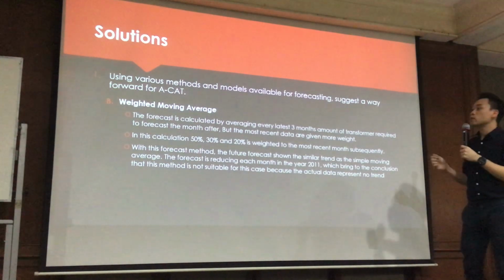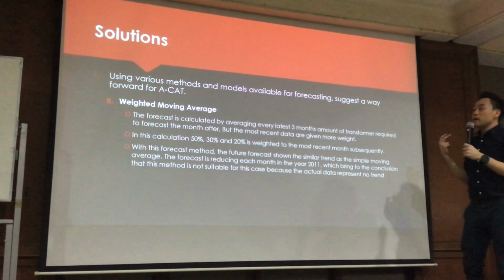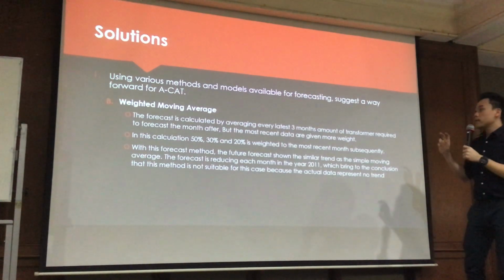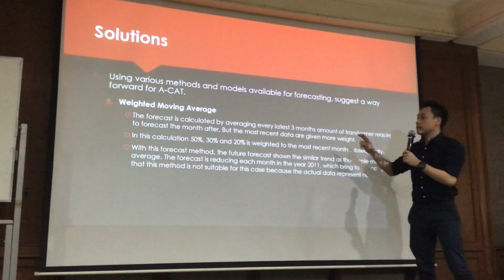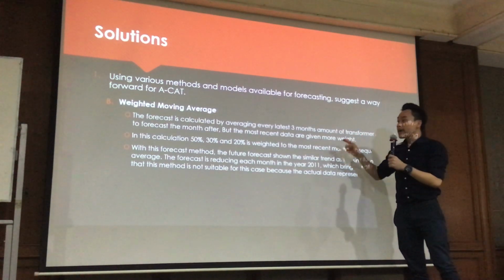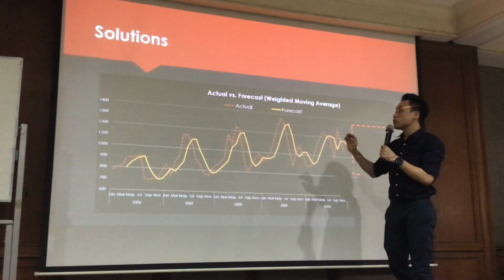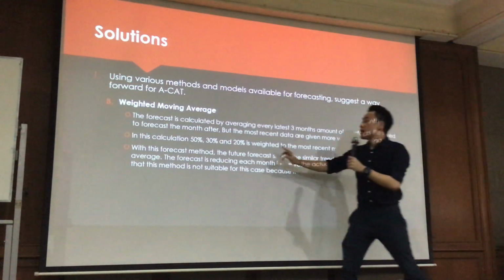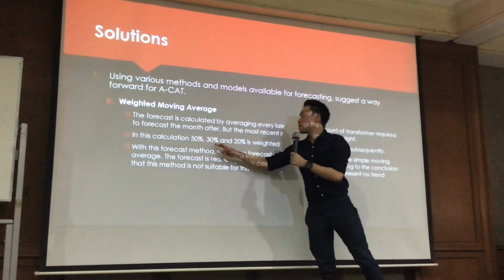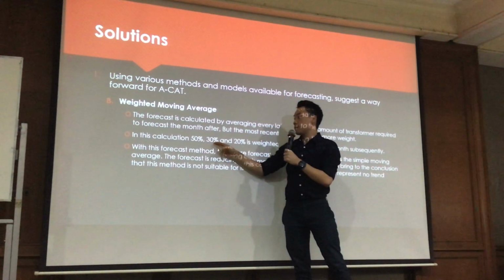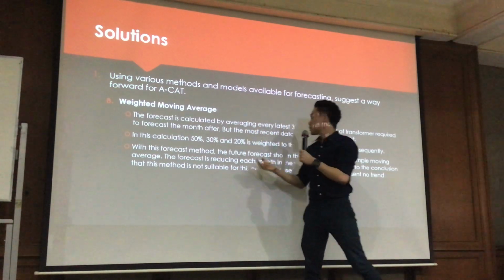The next one is that we use the weighted moving average. The method is quite the same, but we give a weight to each of the recent data. In this case, we give the weights 50, 30, and 20. The 50 is going to be the most recent one, and the 30 the one after.